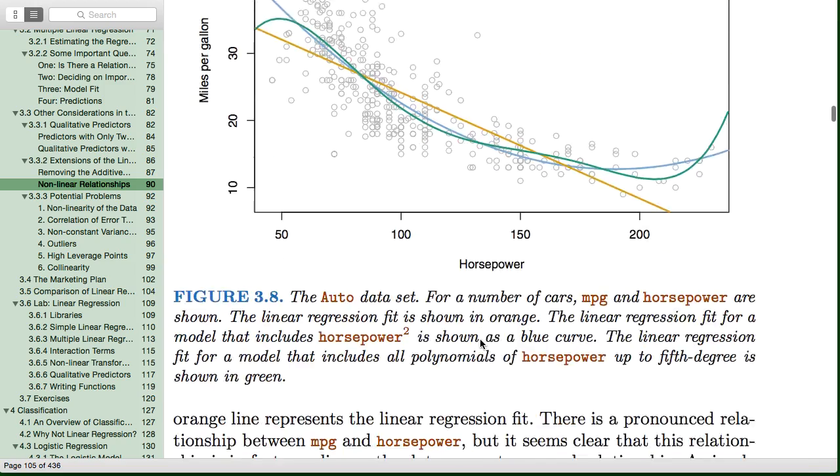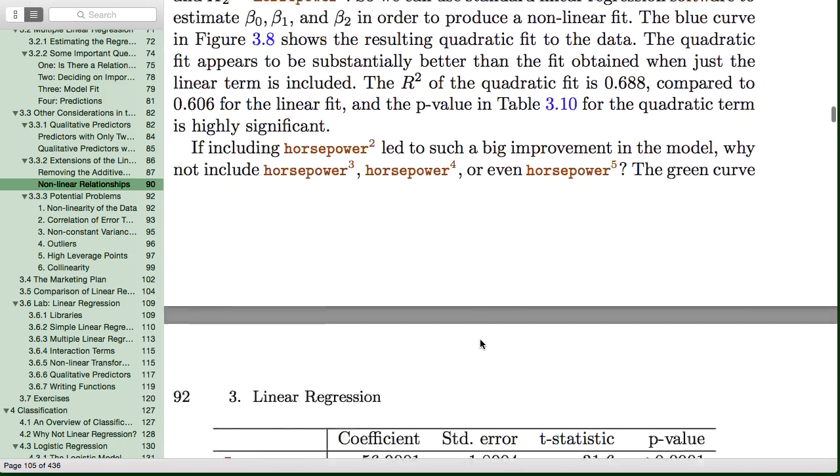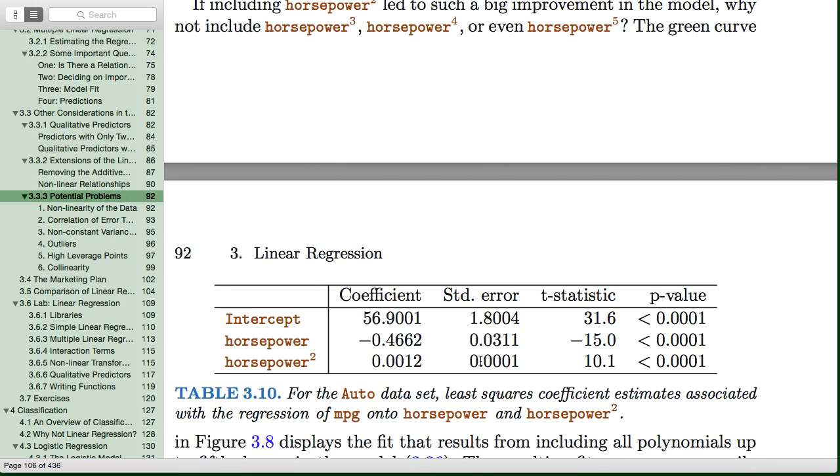And let's take a look at the statistics. They're here somewhere. What we see when we look at the statistics is that the standard error for the horsepower squared term is very small, and so consequently we have a p-value that suggests it is very unlikely that this is 0.